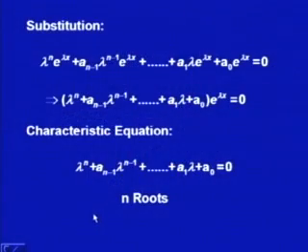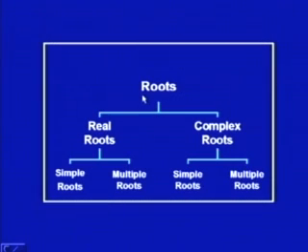Now, if you do remember, in the second order equation we got the 3 cases, that is real roots, double roots and then complex roots. Now, since there are n roots, we will have many more cases. What will be those kinds of roots? Let us see. They would be either real roots or complex roots. Then the real roots also could be either simple roots, that is they are not repeated, or multiple roots, that is they are repeated.